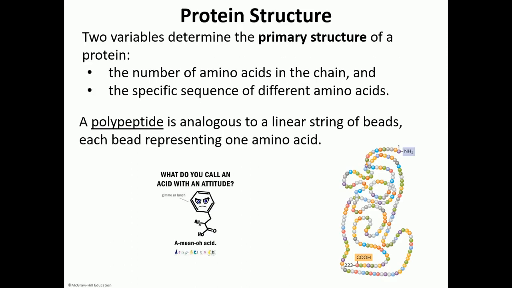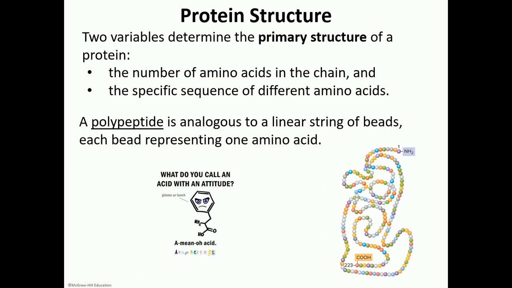So what is the structure of a protein? We break it down into 4 different levels. Really, the primary structure of the protein is determined by the sequence of these amino acids. So the building block of a protein is known as an amino acid. And these little tiny beads, each one of these represents one amino acid. And you'll see here that they attach to each other to make a chain, what is known as a polypeptide chain.